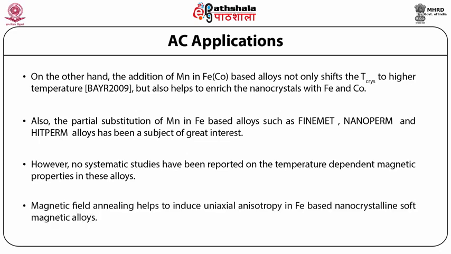Magnetic field annealing helps to induce uniaxial anisotropy in iron-based nanocrystalline soft magnetic alloys. Thus, the microstructure, magnetic domain structure, and resulting magnetic properties can be tailored for suitable applications.